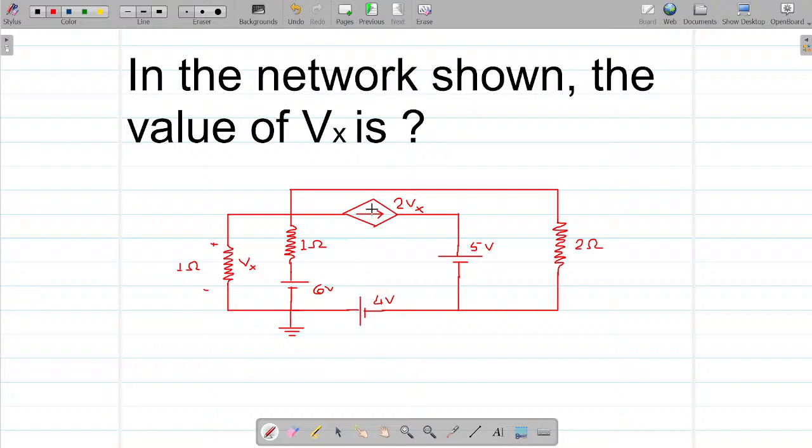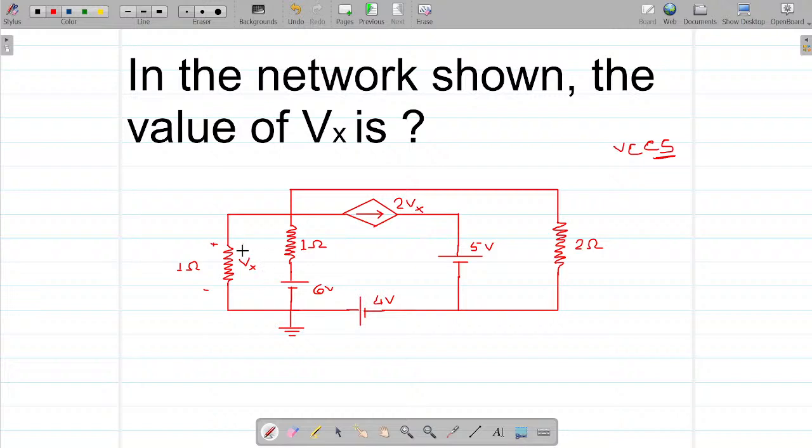First thing, it is a current source. How can you say it is a current source? It is a current source because the symbol within it is a symbol of current. It is a voltage controlled current source. How can you say that? Current source we know because the symbol is the symbol of current. Now it is dependent on the voltage Vx. What is the voltage Vx?